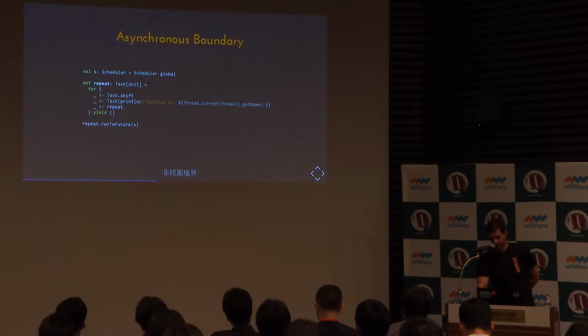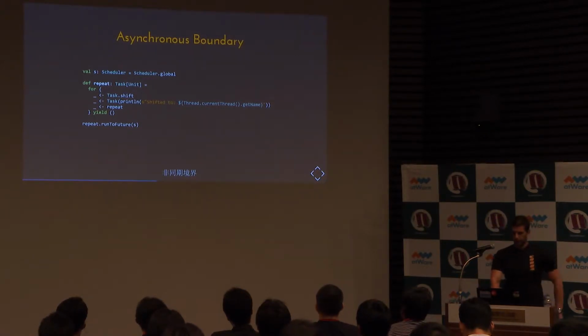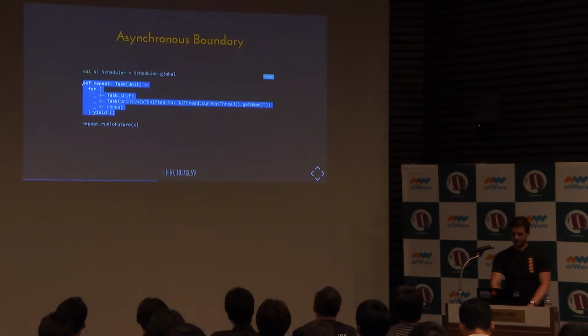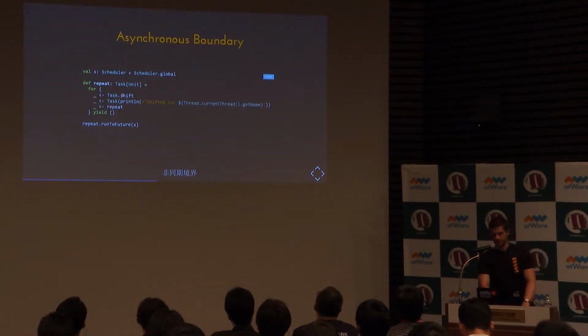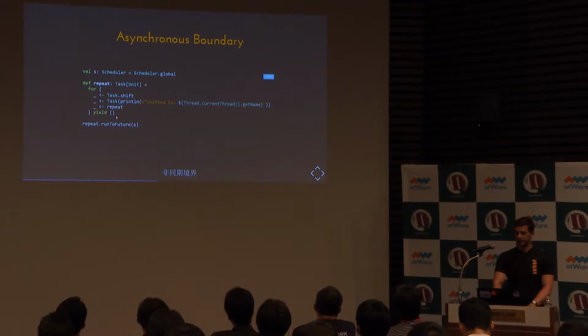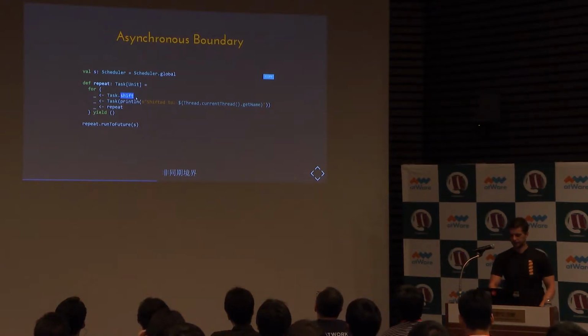And let's illustrate this. Here I defined an infinite task that at every iteration does a Task.shift. Task.shift forces an asynchronous boundary. There are various options for it.